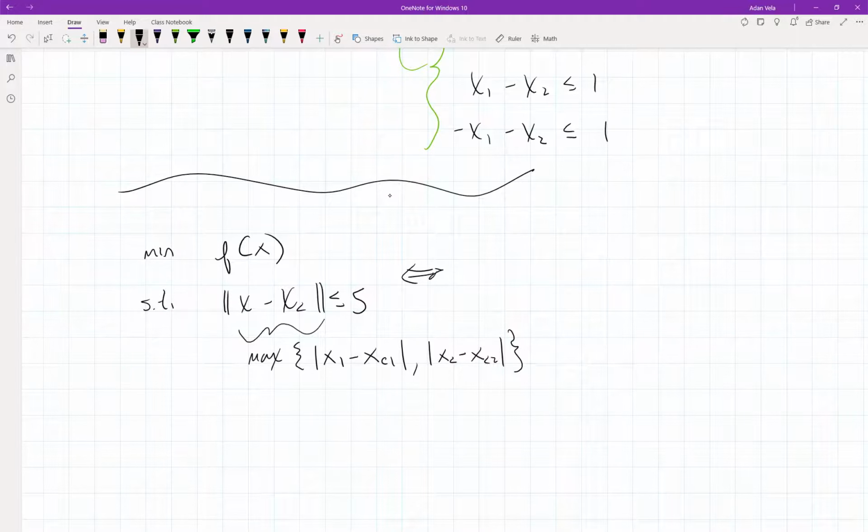And the neat part is that we can actually represent this using 2 different linear equations, though they'll have to be expanded out a little bit.